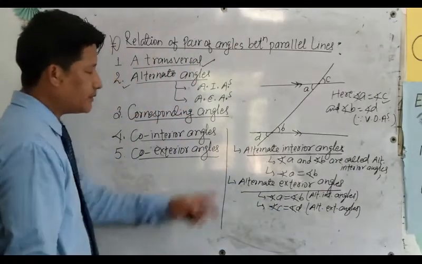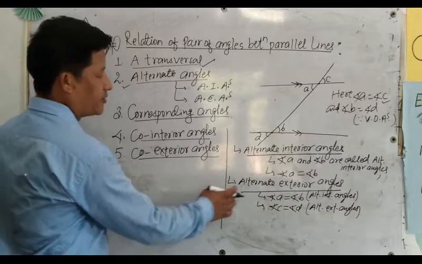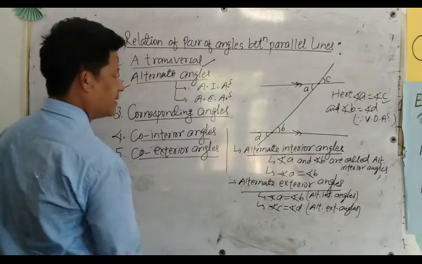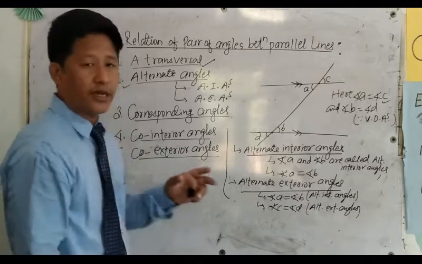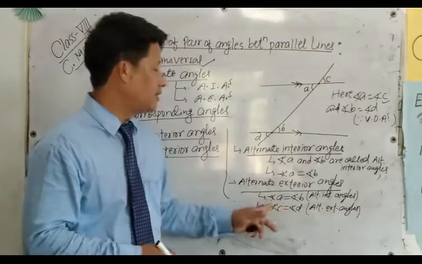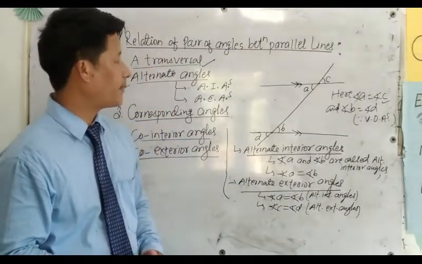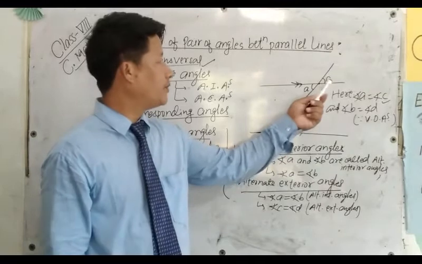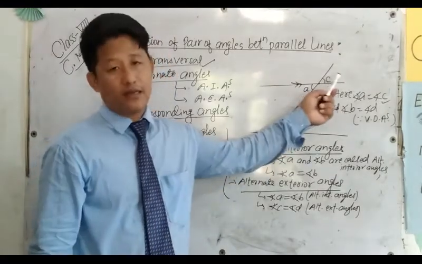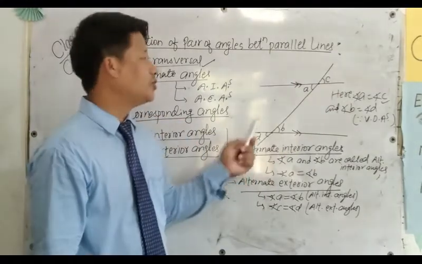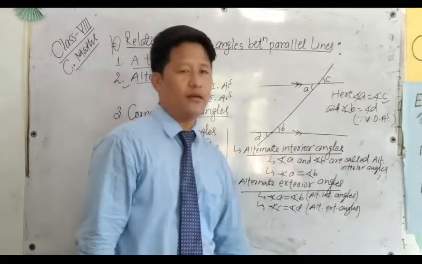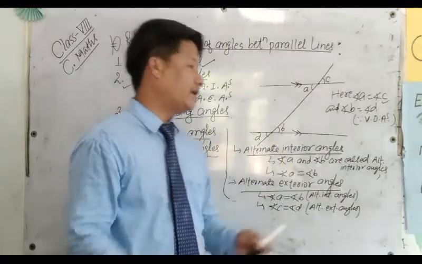Now we can easily define alternate exterior angles, or you can write the definition in your own way. Angle C and angle D are two angles, so they are called a pair of angles.